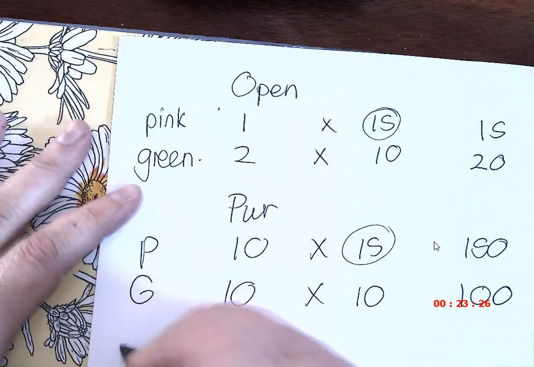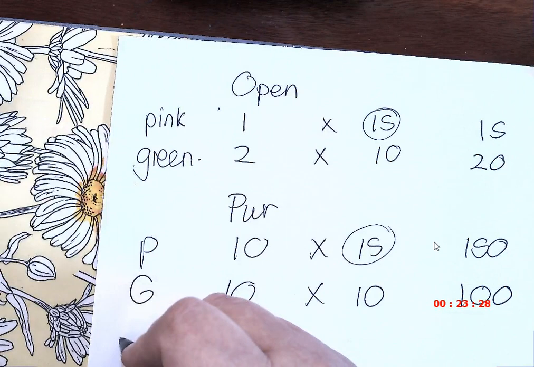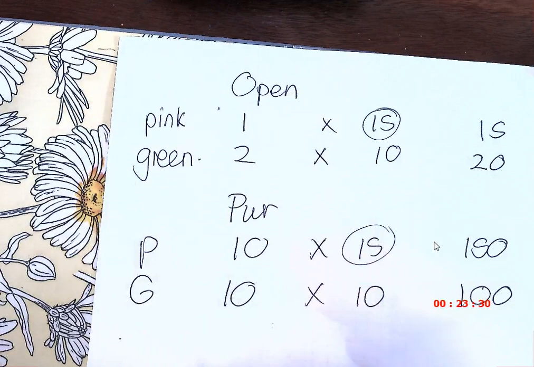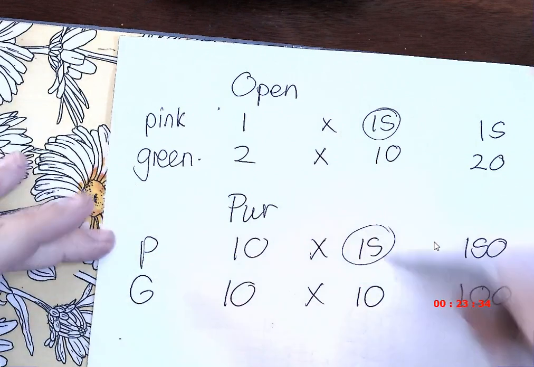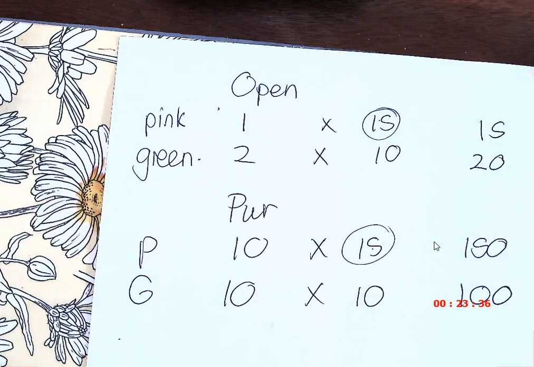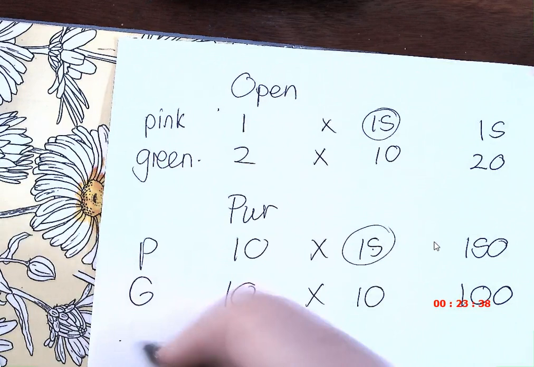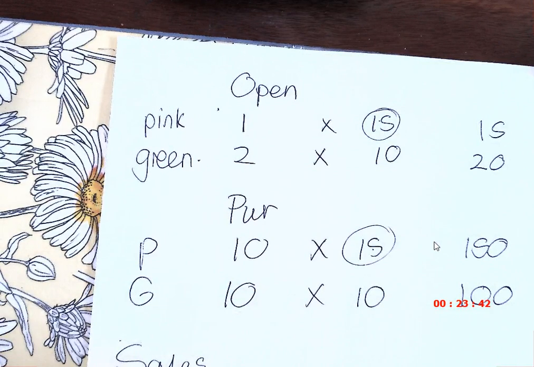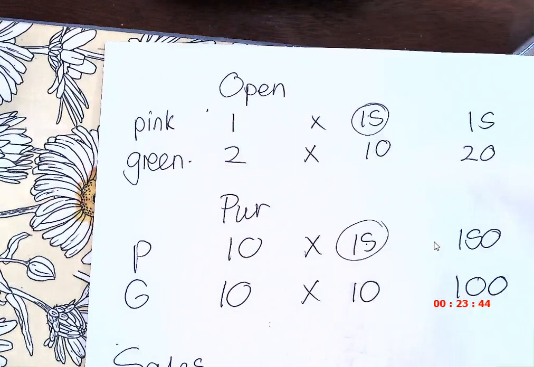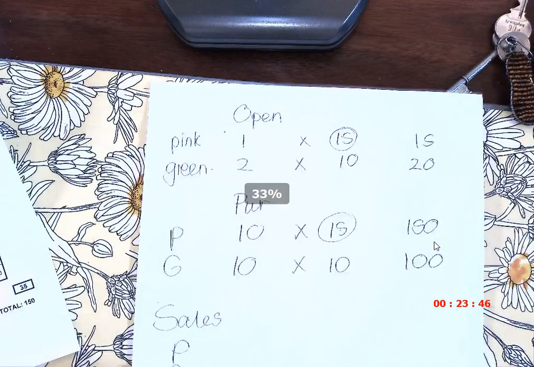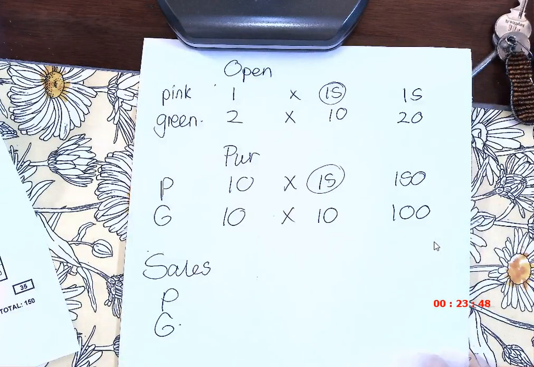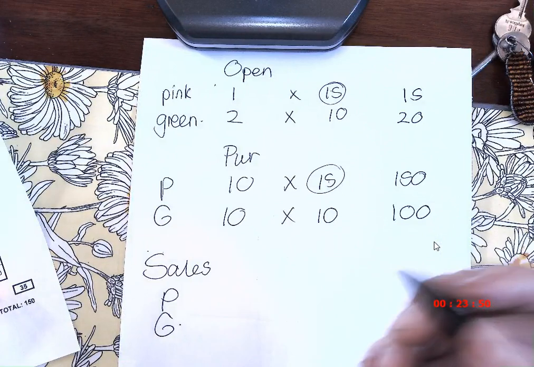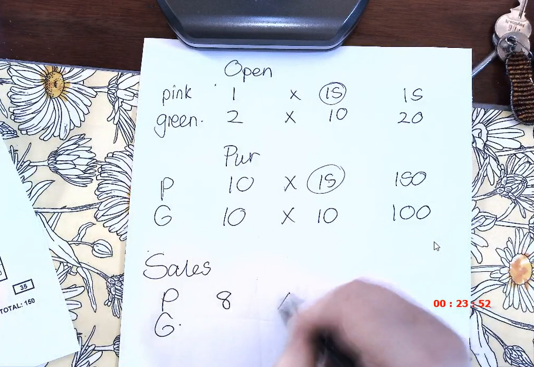Then if they say returns, you just do returns. If they say carriage, you add the carriage to the price. Then they will give you sales, and they'll say pink and green. So they will say, pink we sold 8 at 20 rand.